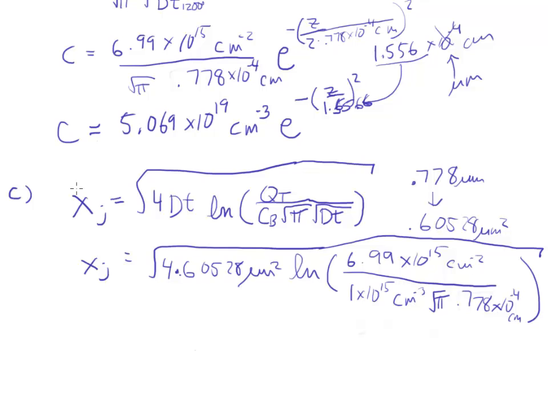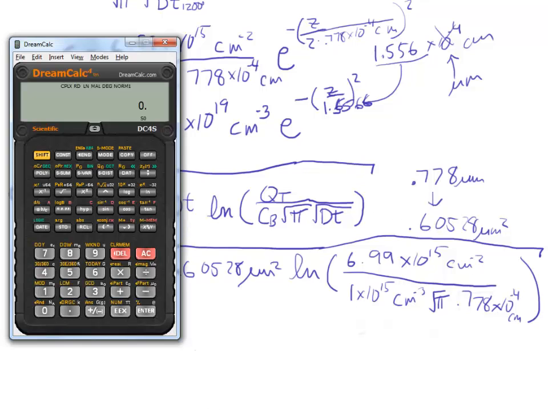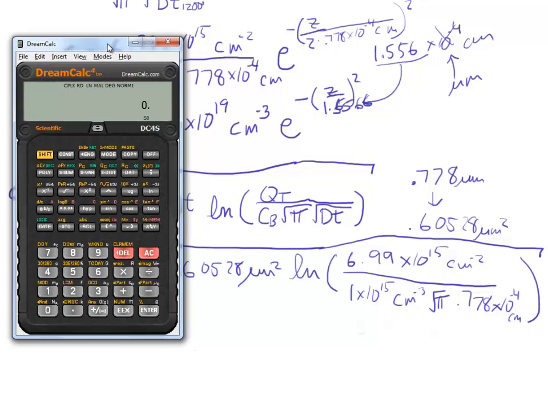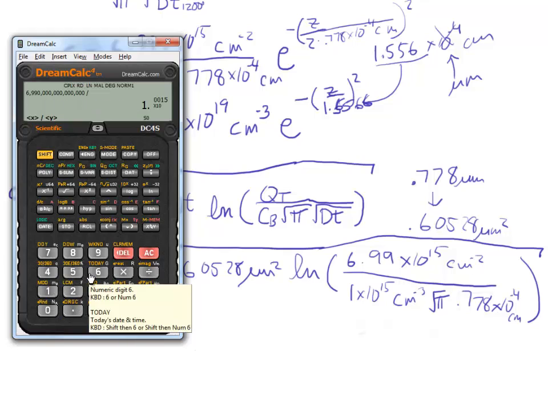So let's go through the calculator and do this calculation. On this calculator you have to be a little bit careful about entering this. So I'm first going to calculate the stuff inside the natural log and make a note of that. I have 6.99 e to the 15th, and I'm dividing by 1 e to the 15th, so I guess I could have just left that off.